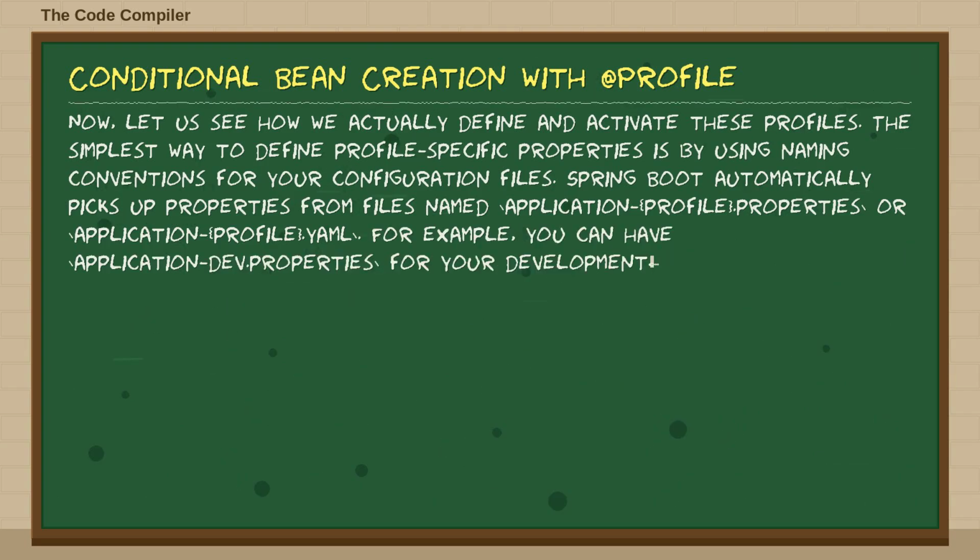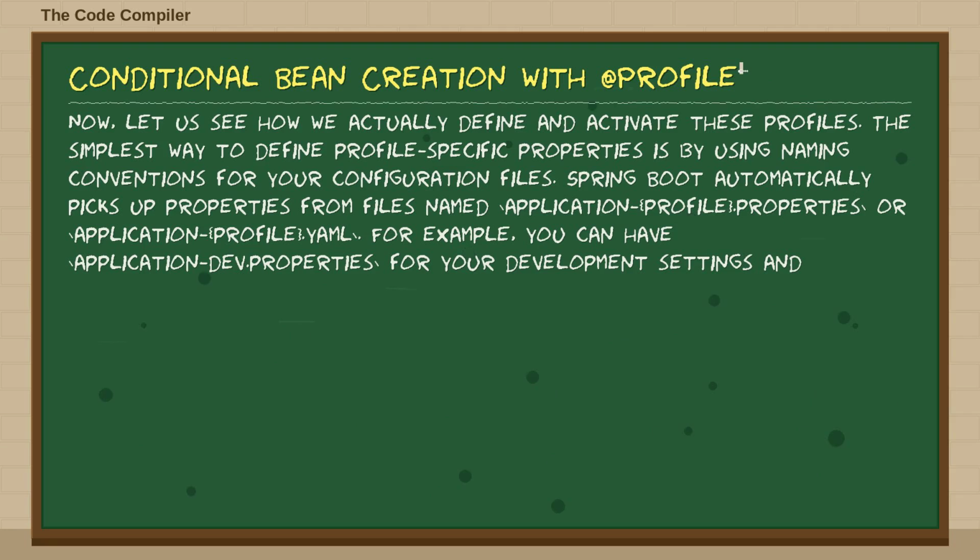For example, you can have application-dev.properties for your development settings and application-prod.properties for production settings. The application.properties file acts as the default, applying to all profiles unless overridden.